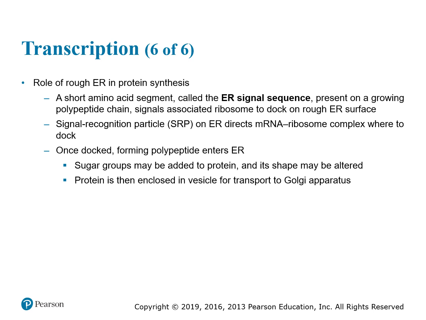Continuing on, the role of the endoplasmic reticulum in protein synthesis. The growing polypeptide chain has a signal sequence that can tell ribosomes to dock on the rough ER surface, and a signal recognition particle will direct the mRNA ribosome complex to dock here.